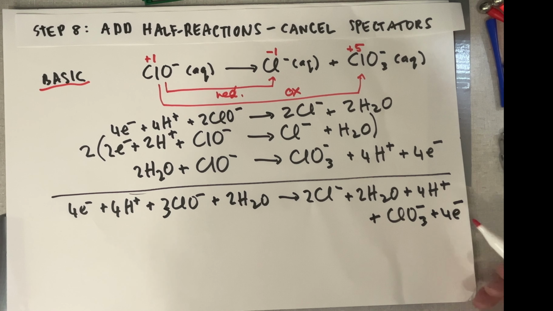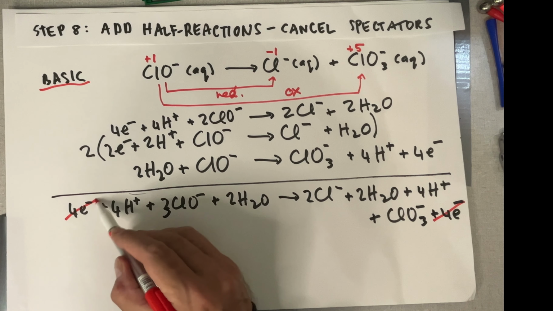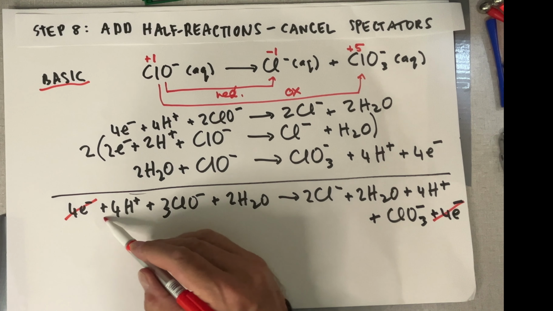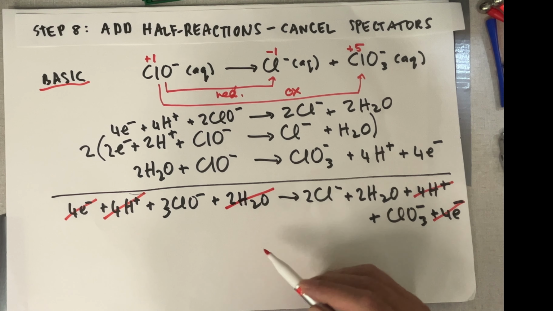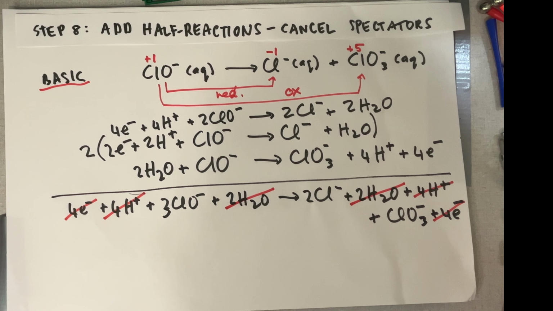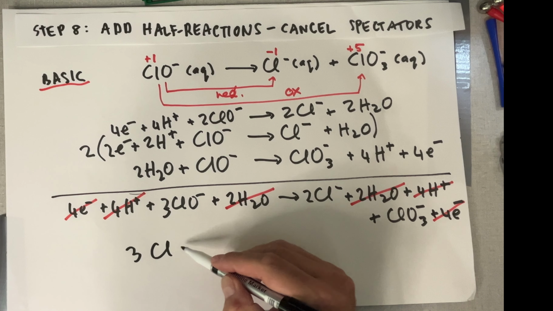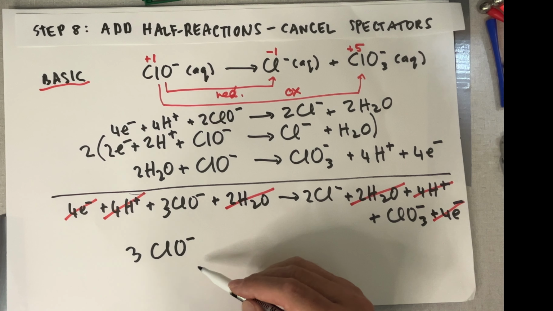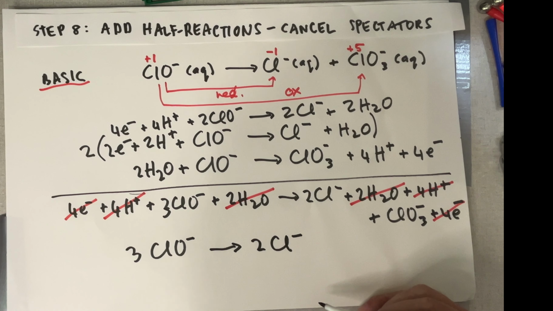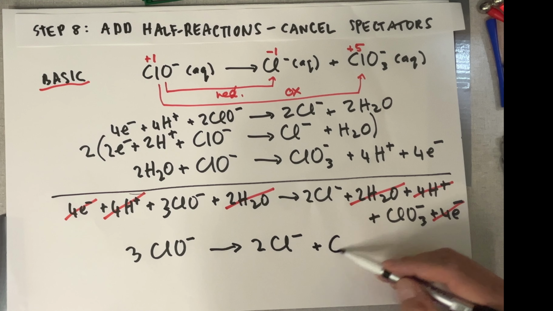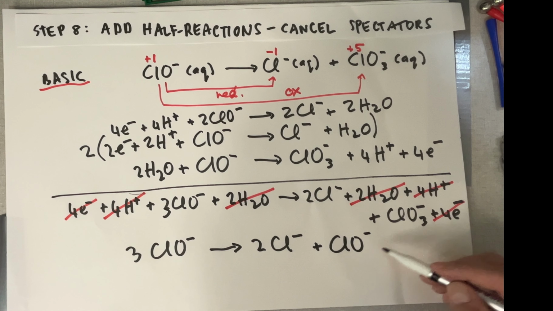Then if we cancel out what's not needed, you have 4 electrons there, 4 electrons here, you have 4 H pluses there, you have 4 H pluses here, and you have 2 H2Os there, you have 2 H2Os there, and all you are left with is 3 ClO minus gives 2 Cl minus plus ClO3 minus.